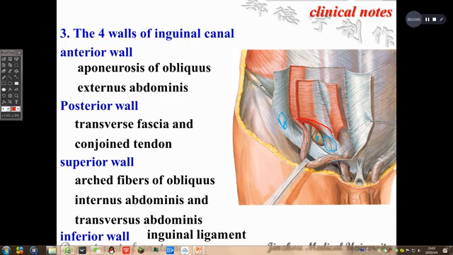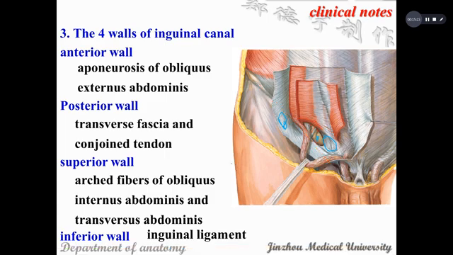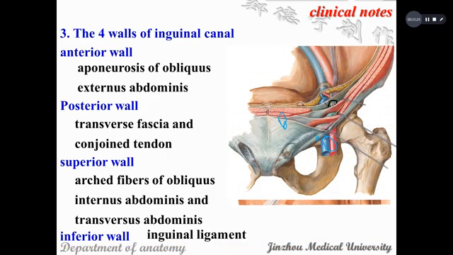The inferior wall is this ligament. So these are four walls and two openings. Here the superior wall is these two muscles, this is the inferior wall, this is the anterior wall, and this is the posterior wall.